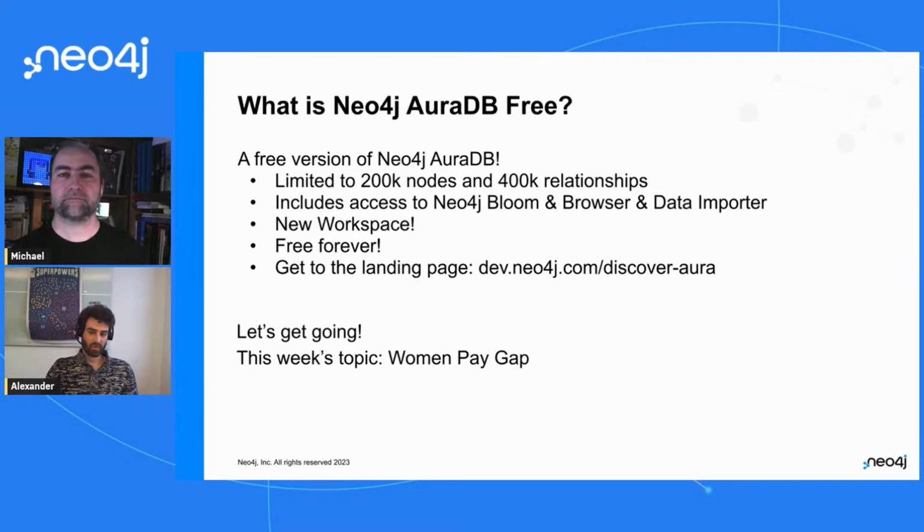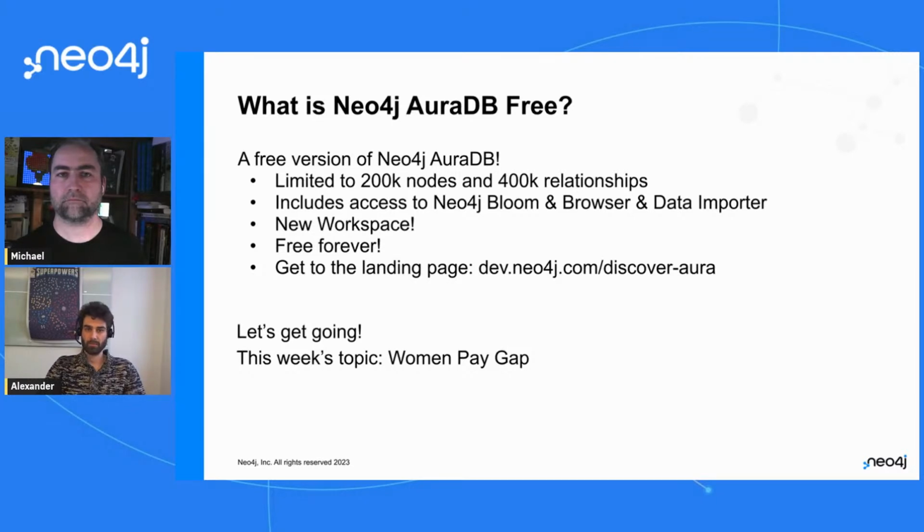So briefly, I did this the last couple of times, so I'm doing it one more time, and next time I think we might skip this. AuraDB Free is a free version of Neo4j AuraDB, which is Neo4j as the graph database, but as a service on the cloud. You just register with your email address and set up a password, and you're good to go. You get 200,000 nodes and 400,000 relationships, and you can do as much as you like with those.